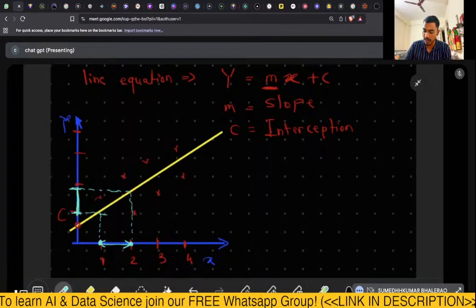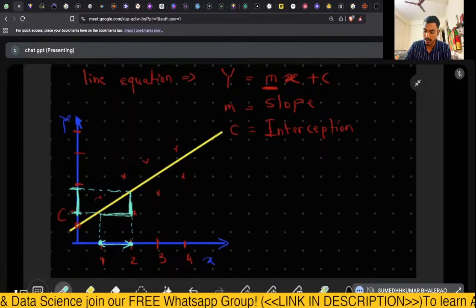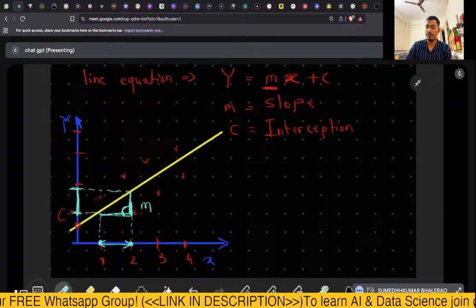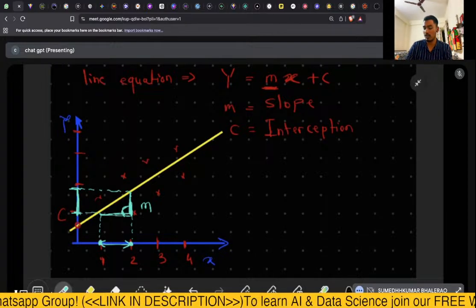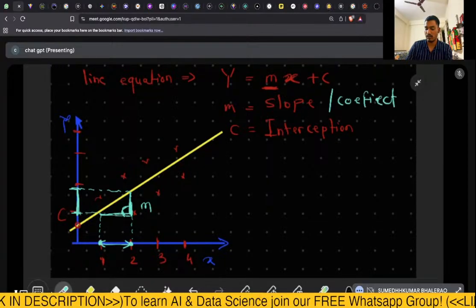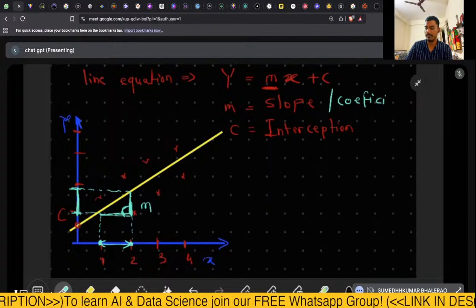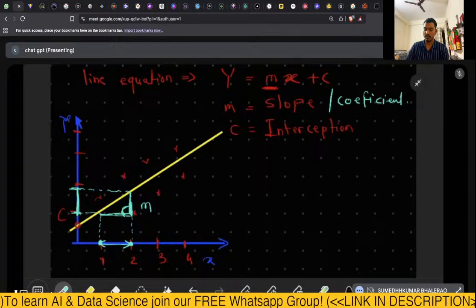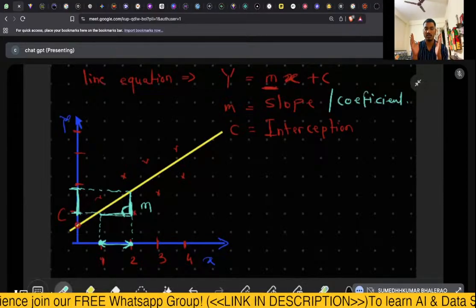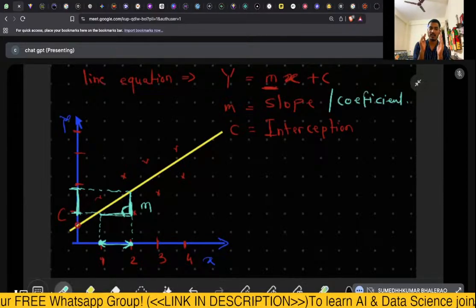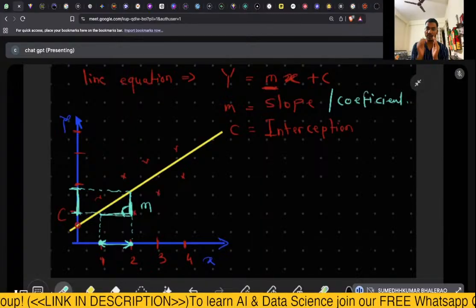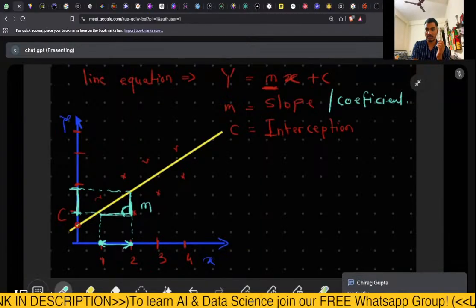When you want to find that, you calculate this theta, and this is called your m. m is also called the coefficient. How much displacement happens on the y-axis when we move 1 unit on the x-axis?